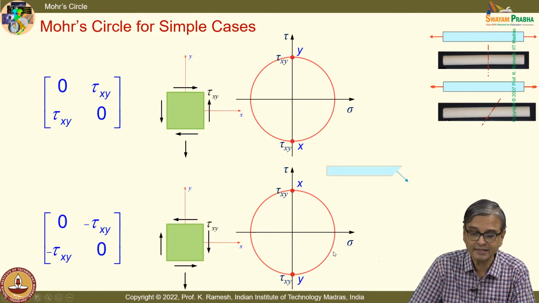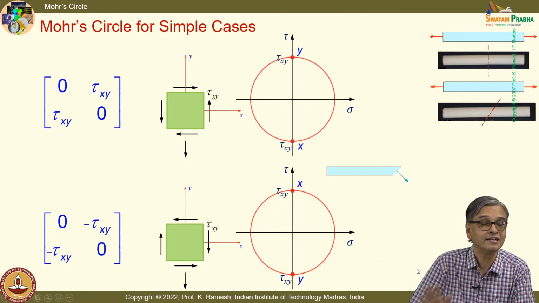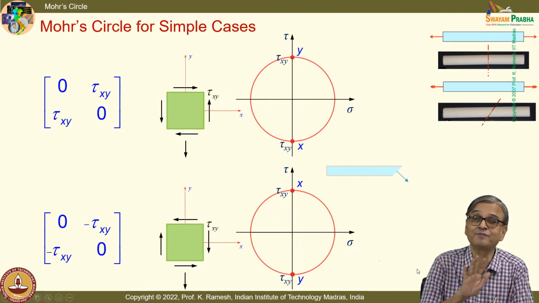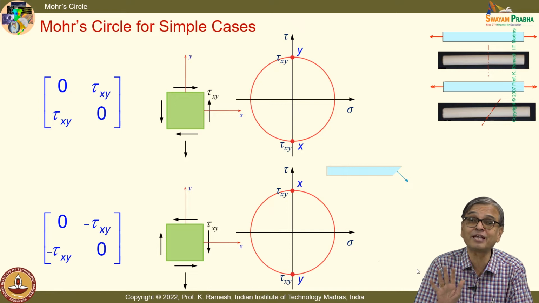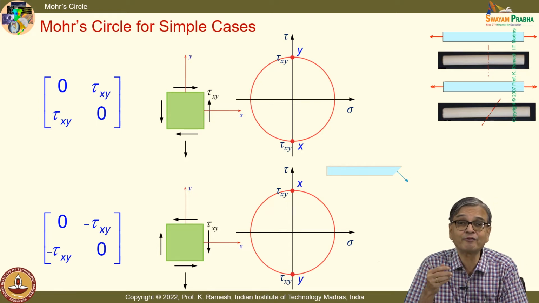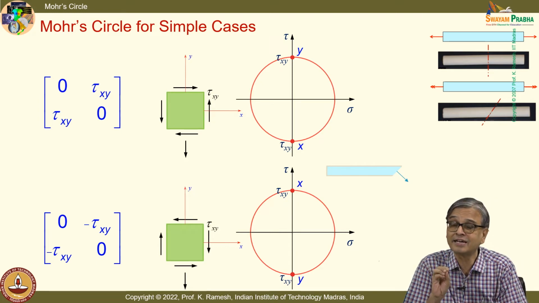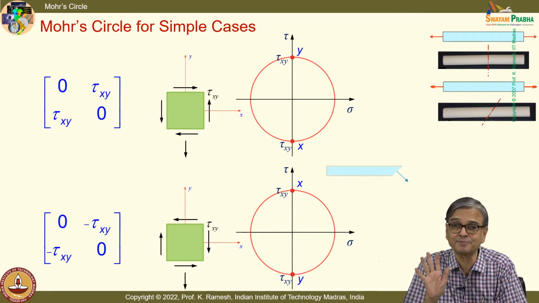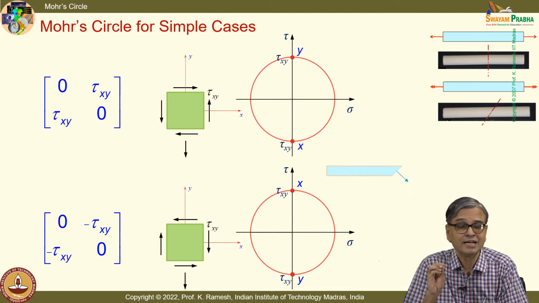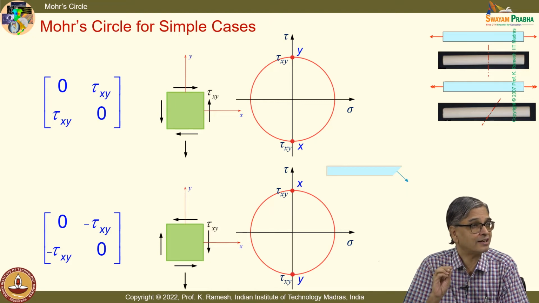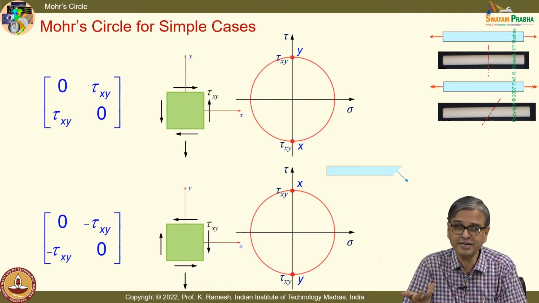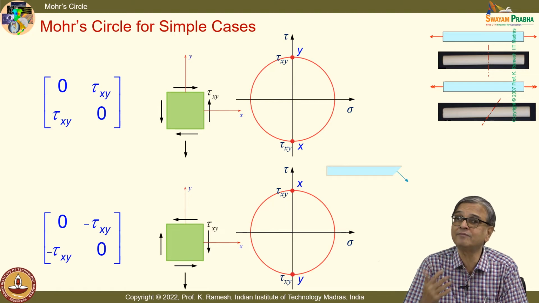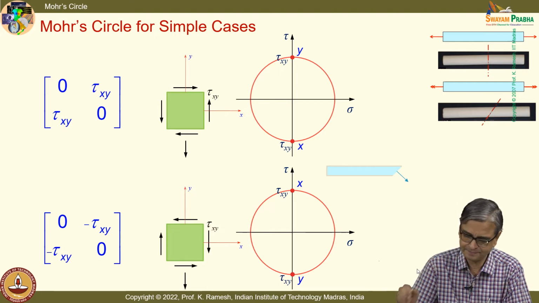In the physical plane from the x direction I rotate by 45 degrees. Now, you are convinced that we are in a position to explain the behavior of chalk, even though we have not completely studied what kind of stresses develop in shear from first principles. You have taken the knowledge that torsion introduces a pure shear stress state. From the Mohr circle, you are able to investigate this. Fine.